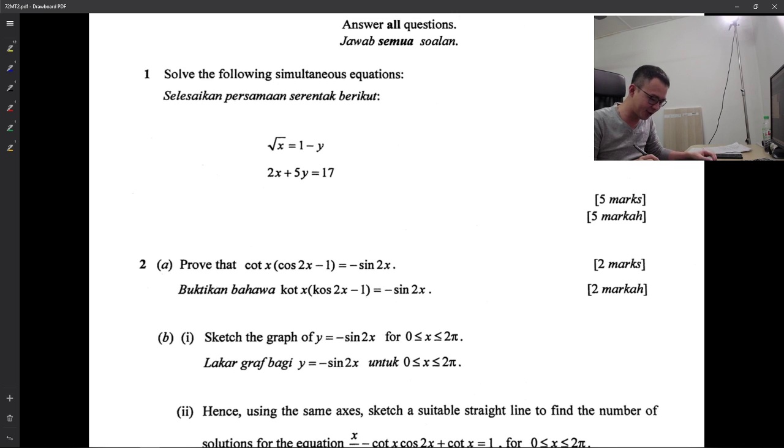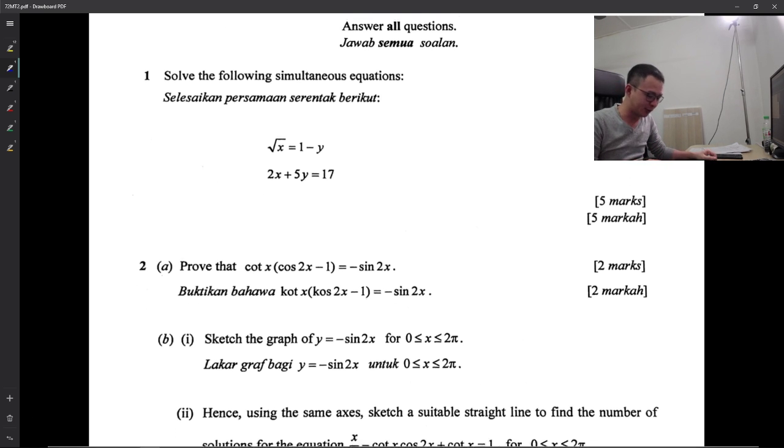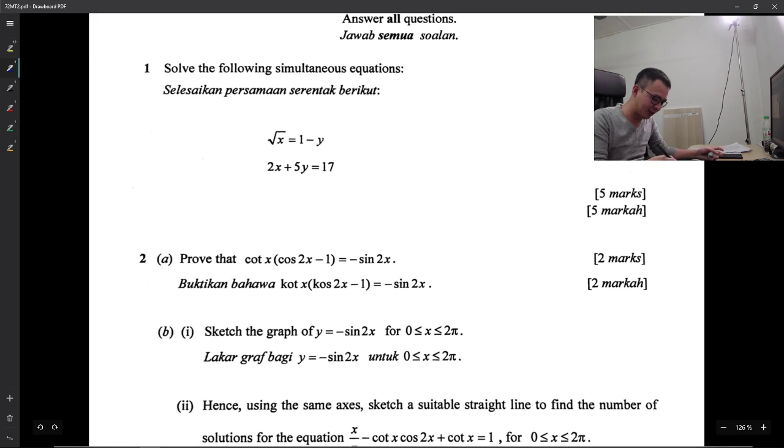Okay, the first question is a simultaneous equation. This kind of question is very easy, so I'm going to go through it very fast. The first thing is, you can choose to make x the subject or y the subject, but in this case maybe we make x the subject.